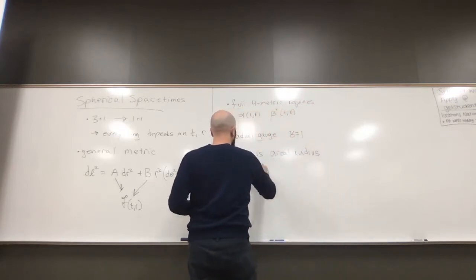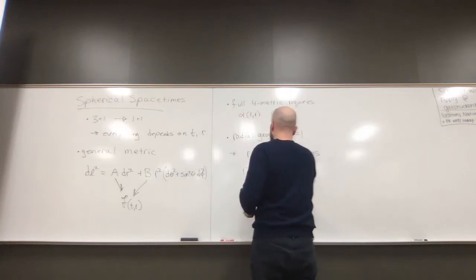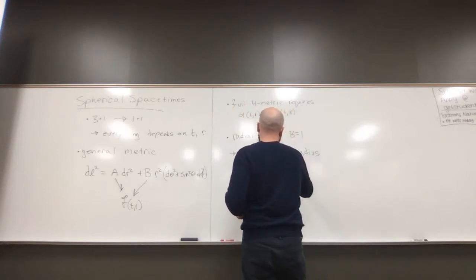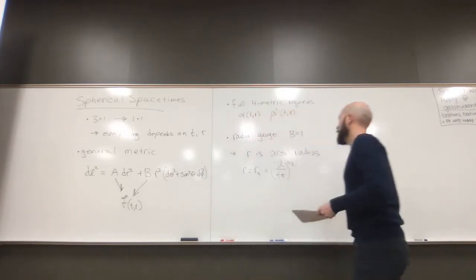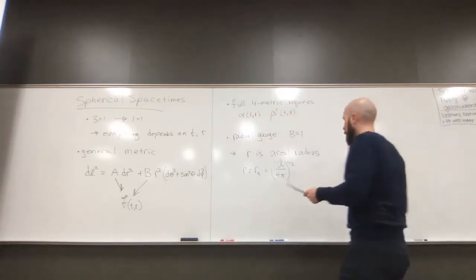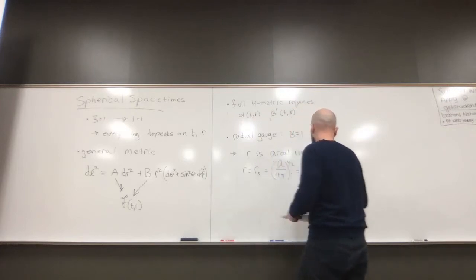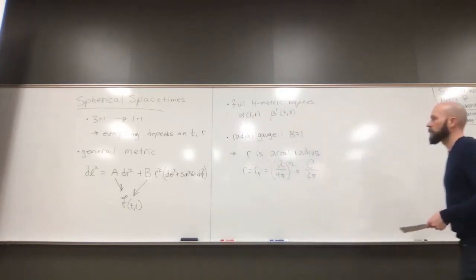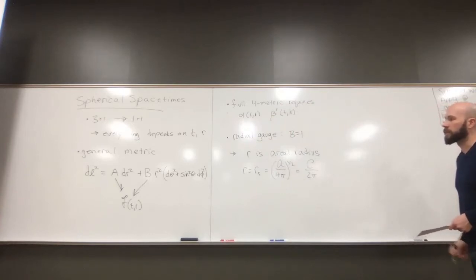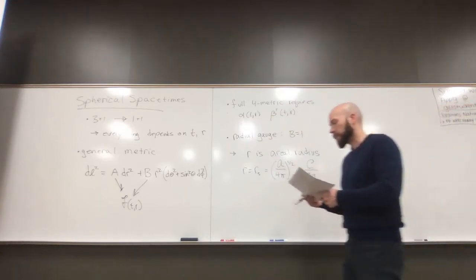So in other words, r is really just equal to the Schwarzschild radius, which is equal to the square root of the area of the black hole A divided by 4 pi, which we can also express as the circumference divided by 2 pi. So that's what we mean by areal radius in that case. It's a fairly simple case.